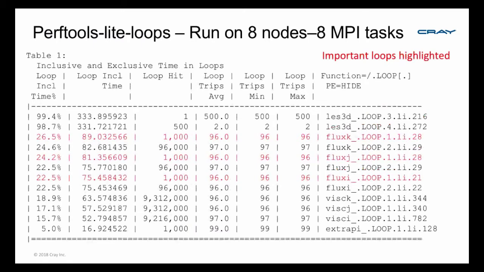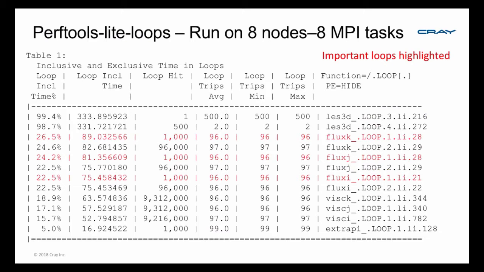All right, now, if I had loaded Perftools-lite-loops instead of Perftools-lite, I would get a table that shows loops in the application. And this is extremely important for threading because it's important that you know how much computation is in the loop, but also what the loop lengths are, the iteration count.